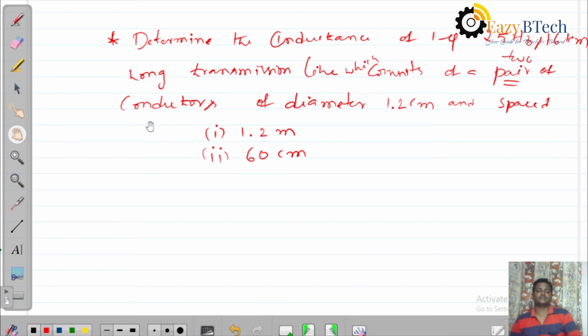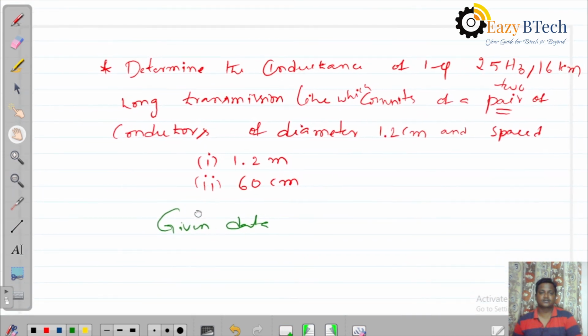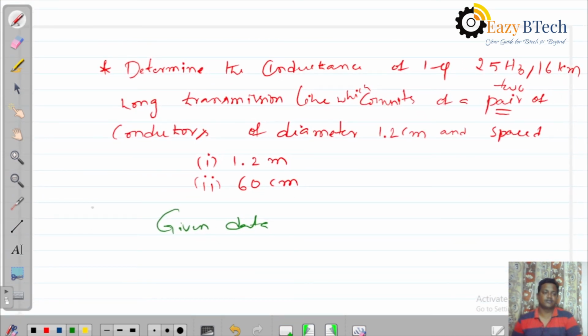First of all, write the given data. What they gave, and what they want to calculate. Here they want to calculate inductive reactance.